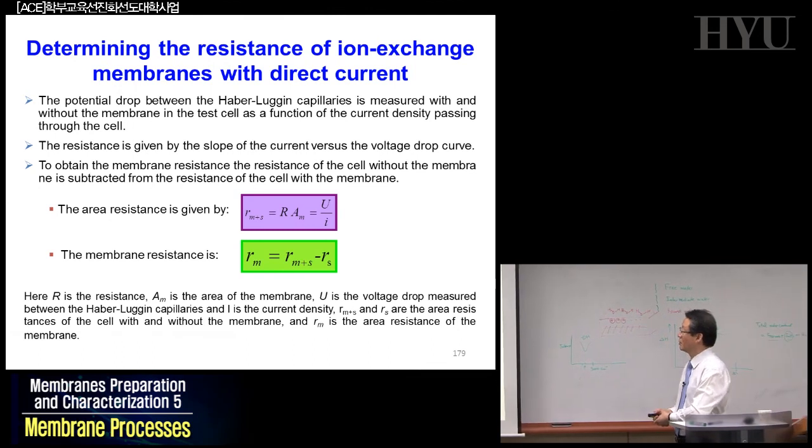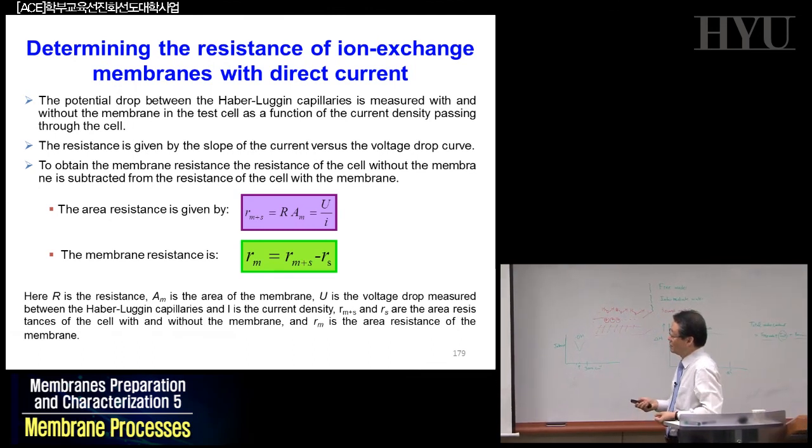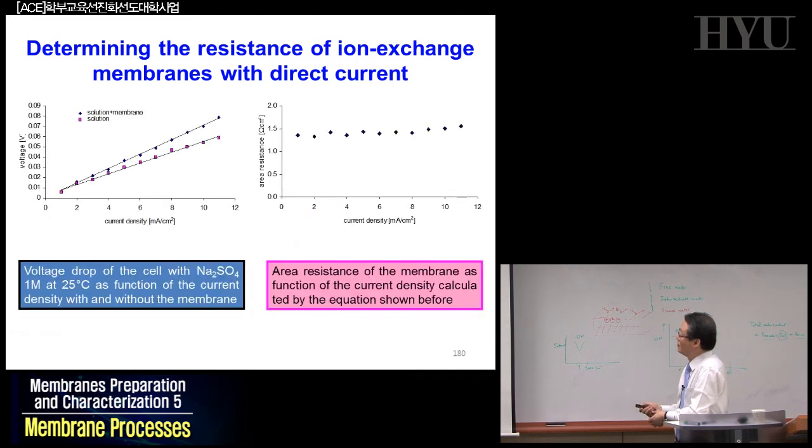So by measuring the RMS, and if you know the resistance of the cell, then you can get the membrane resistance using these equations. AM is area resistance, and R is just a resistance in this case. Usually the area resistance AM is almost constant, okay? And it is not dependent upon the current density.